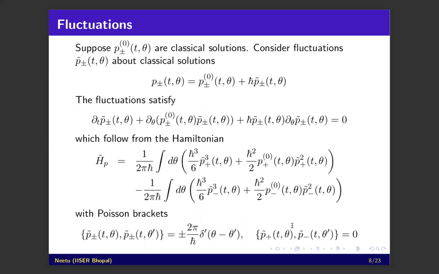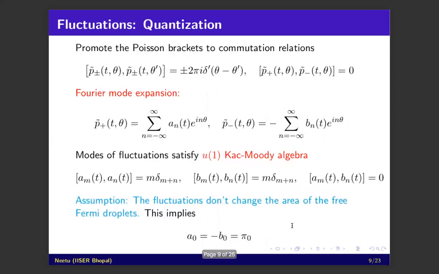So now we can go to the quantization. As we usually do, we promote our Poisson brackets to commutation relations. Then we do a Fourier mode expansion of the fluctuations. And if we use these commutation relations of p plus and p minus, then we can see that in terms of modes, they satisfy an abelian Kac-Moody algebra.